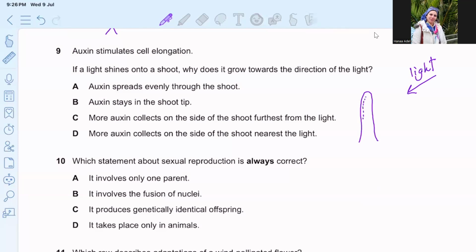That causes elongation toward the light. So auxins spread evenly? No, it does not spread evenly. Auxins stay in the shoot tip? No, it does not stay. It just migrates away from the light. More auxins collect on the side of the shoot furthest from the light. Yes. More auxins collect on the side of the shoot nearest the light? No. So the correct answer is C.